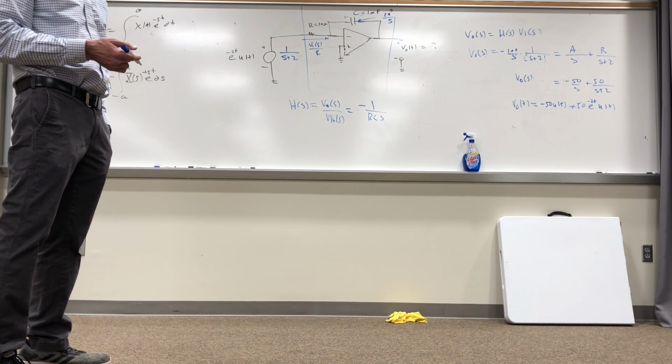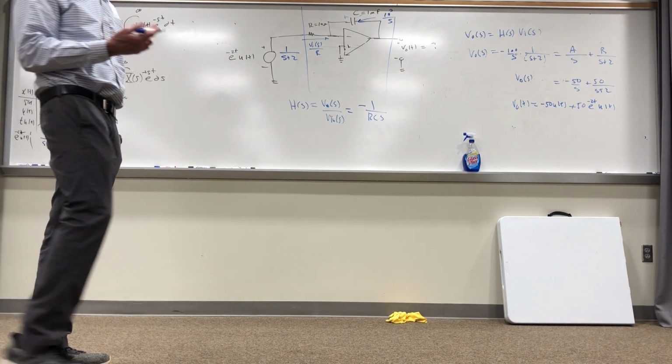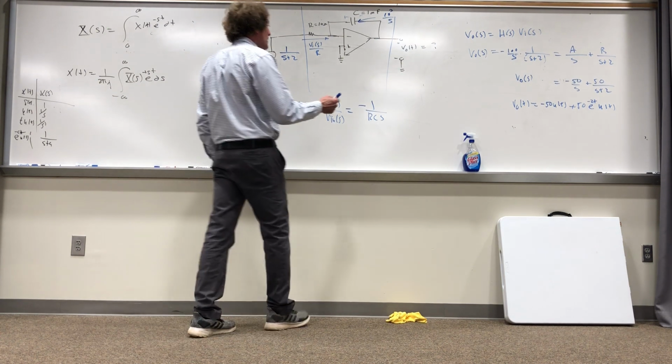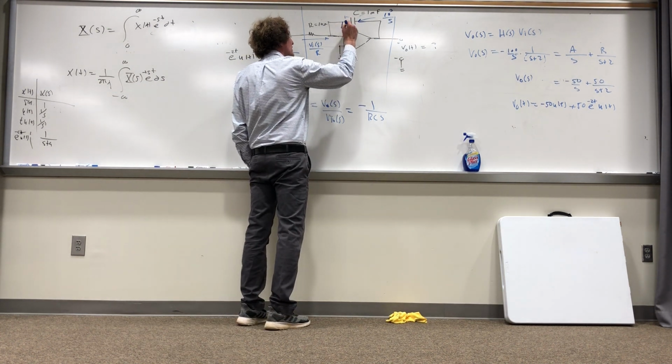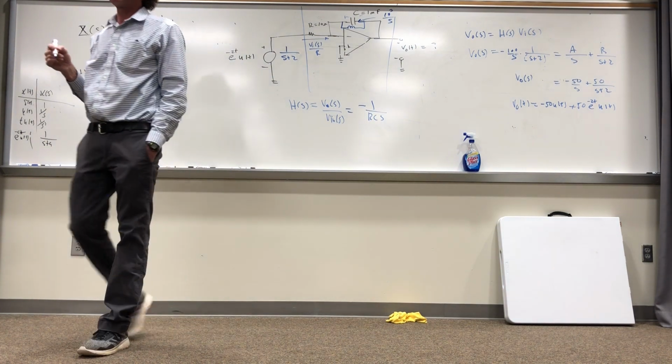All right, this is a fair problem, and it can get progressively more complicated. What can happen is you can have this right here. You could have an inductor here as well, in parallel. Now you would have to write the impedance of that, right?